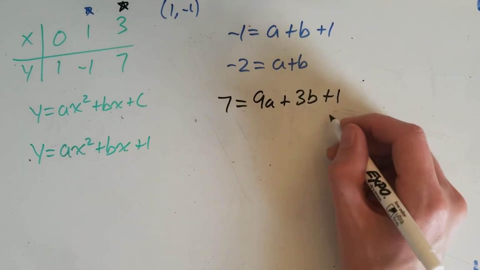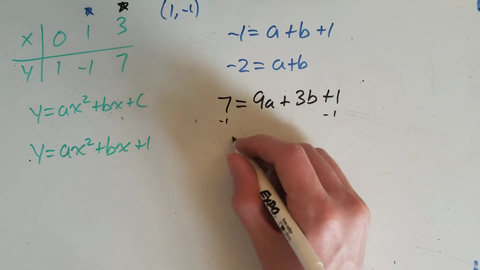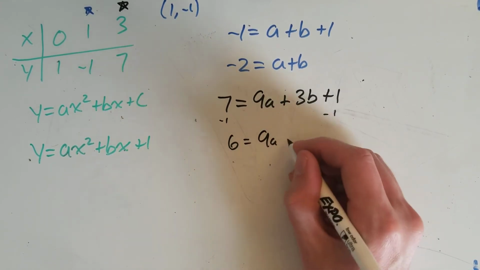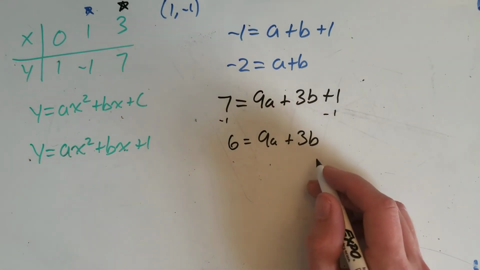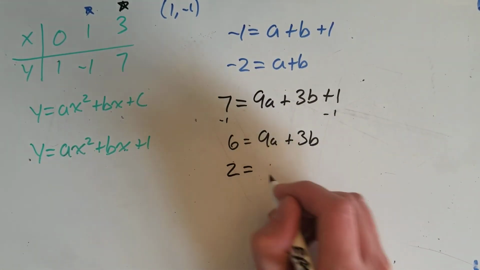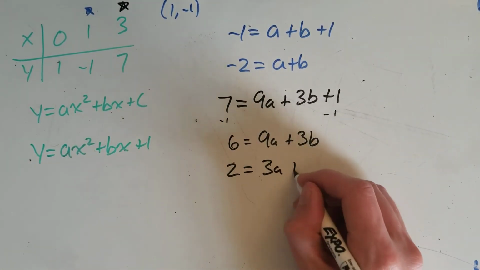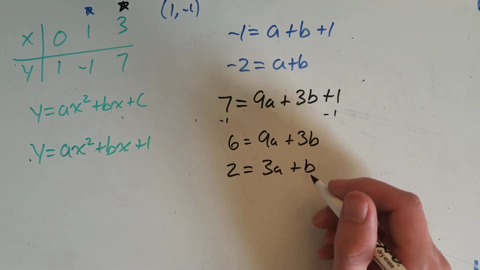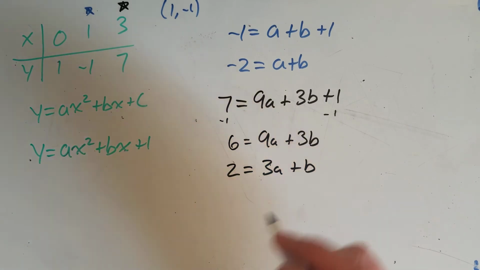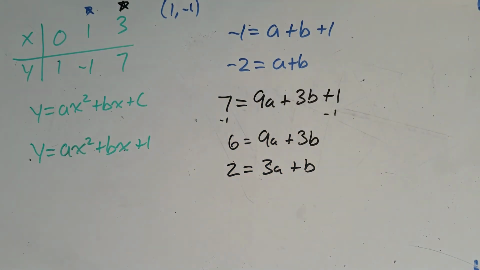Bring your 1 over, so subtract your 1. You're going to have 6 equals 9a plus 3b. You can divide everything here by 3. So you'll have 2 is equal to 3a plus b. And then you are ready to do a little bit of elimination.